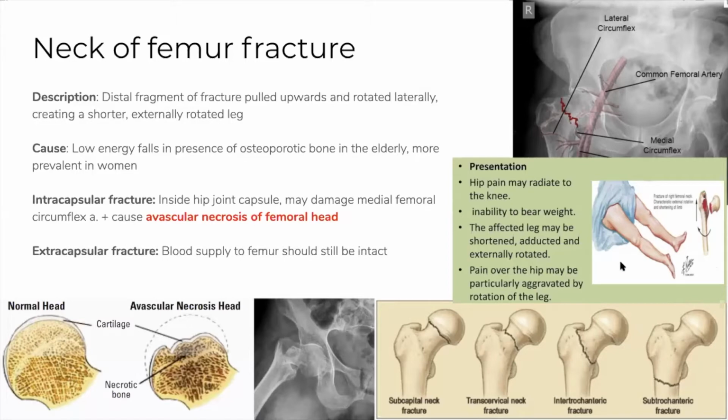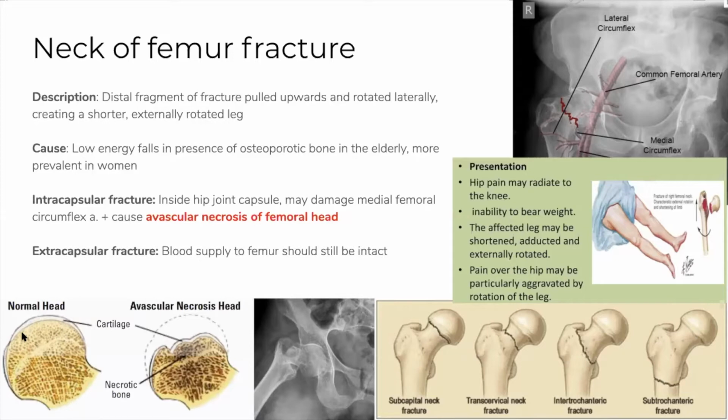And there are two types of neck of femur fractures. Either it happens within the capsule or outside of the capsule. An intracapsular fracture, inside the capsule, is probably more dangerous because it can damage a lot of the arteries that we talked about last week, the femoral circumflex arteries that perforate all the way around here.